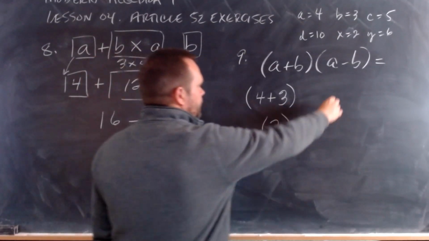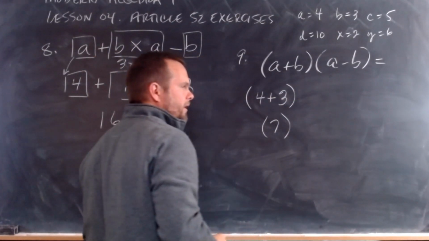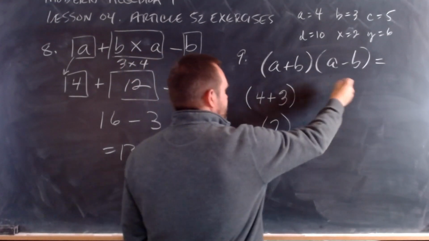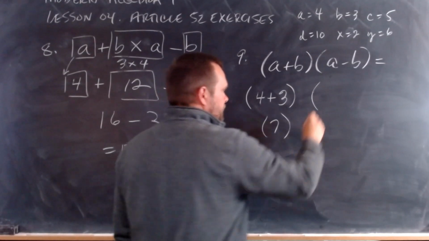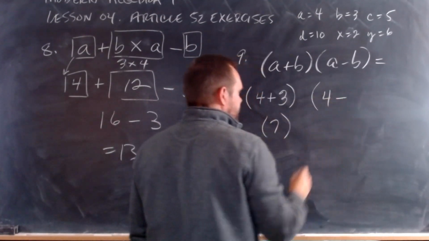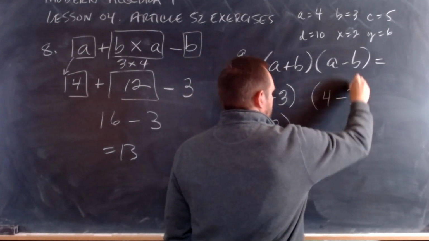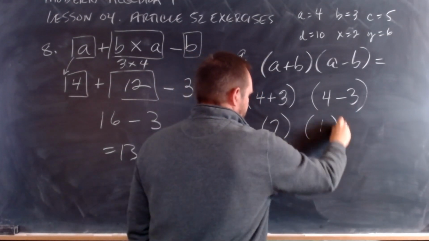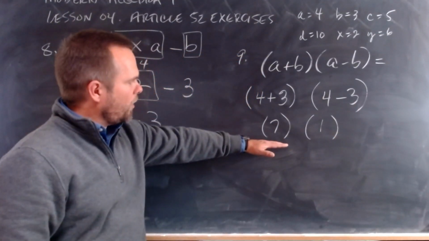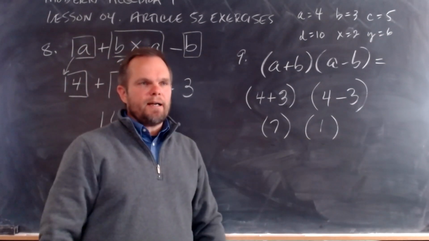Nothing difficult. The second quantity marked by parentheses is A minus B. What's the value of A, minus the value of B? What is 4 minus 3? 1. Now we have these two quantities standing side by side.